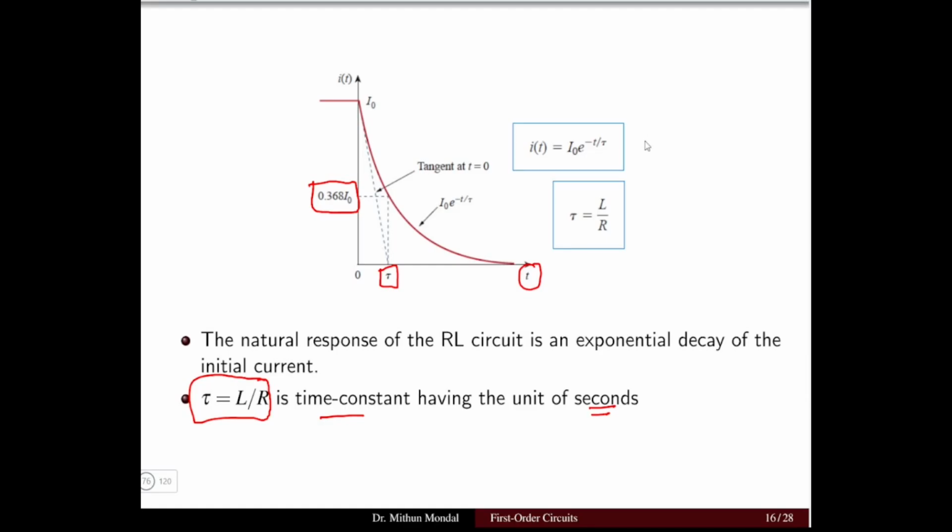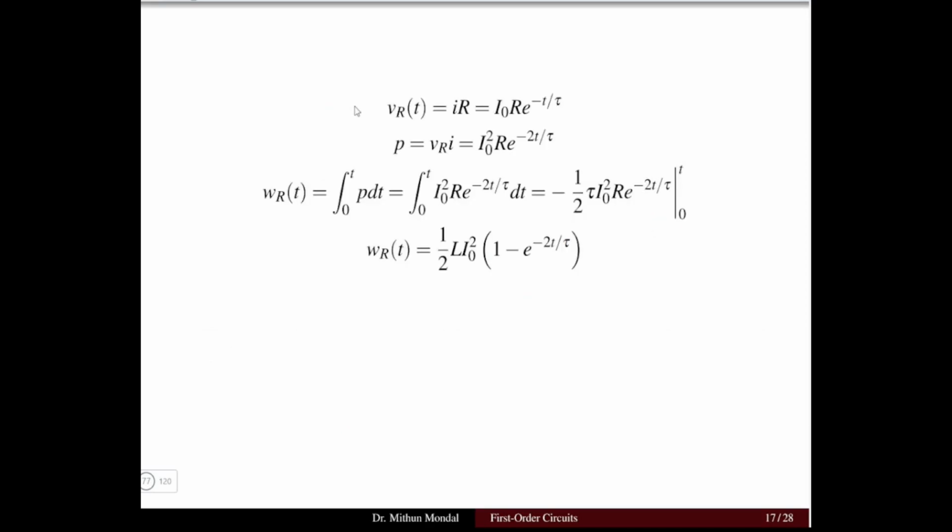So we have to remember this general solution of the current of the inductor under the RL circuit condition for the natural response. That is I of t is I naught e to the power minus t by tau, where tau being the time constant is equal to L by R. Then we have to determine the voltage across the resistor R, which from Ohm's law is I into R. The current we have already determined, so multiply that with the resistor and you will get the voltage.